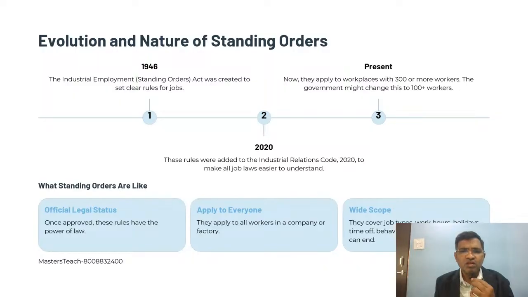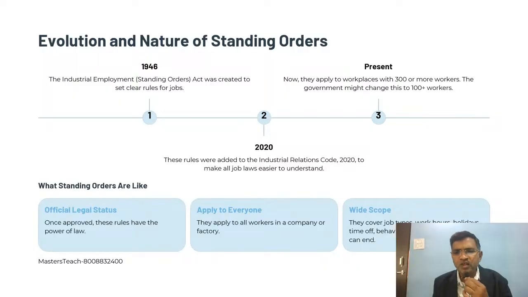So these are the rules. What are the standing orders like? In order to get the standing orders, the officer has to approve them. Once the standing orders are approved by the officer of the government, these rules become law. This is applicable to all the workers in a company or factory.